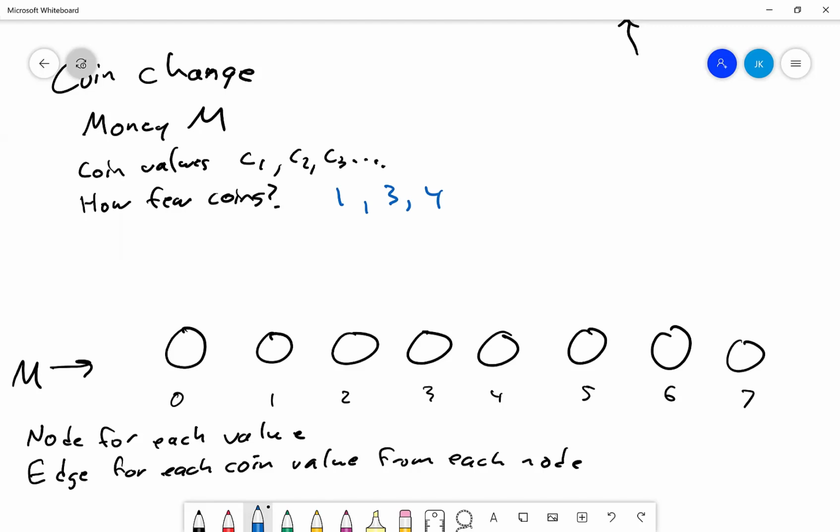Okay, what that means is that I have an edge that will get me back 1, it will get me back 3, and I'll do that in green. 1, 2, 3. And I have one that will get me back 4. Right? And I'm going to have this for every single one of them. I'm going to have one that goes back 1.